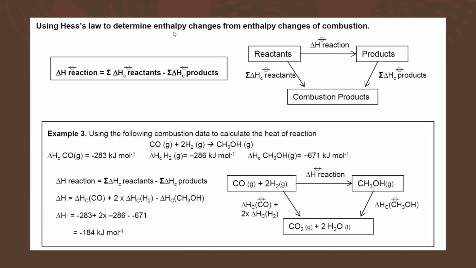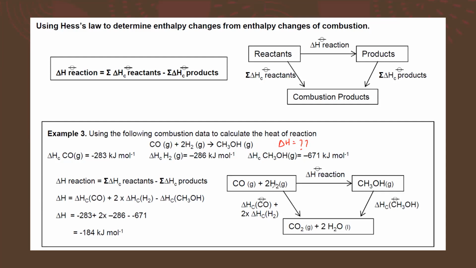Using Hess's law and the enthalpy changes of combustion, if you want to calculate the enthalpy change, like in the question, carbon monoxide reacts with hydrogen to give methanol. And the question is, we have to calculate the enthalpy change for this reaction. So carbon monoxide reacts with hydrogen, resulting in the formation of methanol. We want to calculate the enthalpy change.